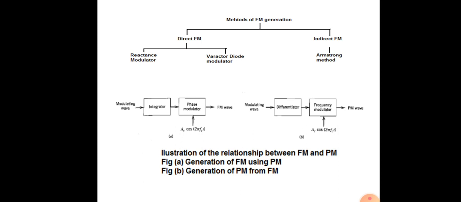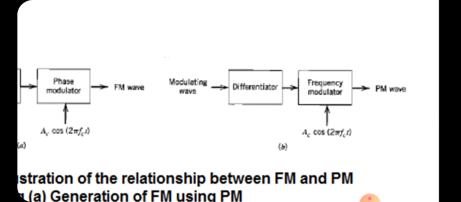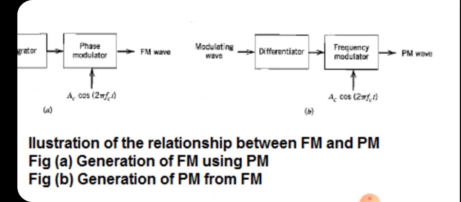In the first figure, an integrator is used on the modulating signal. The integrator is the device used for integrating the signal. Then the signal enters the phase modulator, where the carrier signal is also added, and it provides the FM wave. Likewise, in the second relationship, the PM wave is obtained from the FM wave.